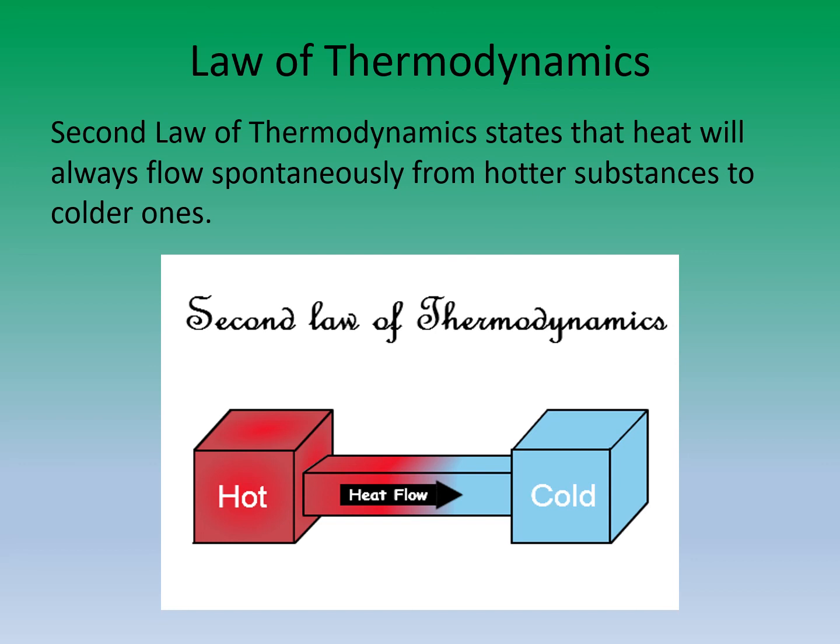This is reflected in the second law of thermodynamics, which states that heat will always flow spontaneously from hotter substances to colder ones. So it means spontaneously, it's continuous, from hot substances to colder ones. This is called the second law of thermodynamics.